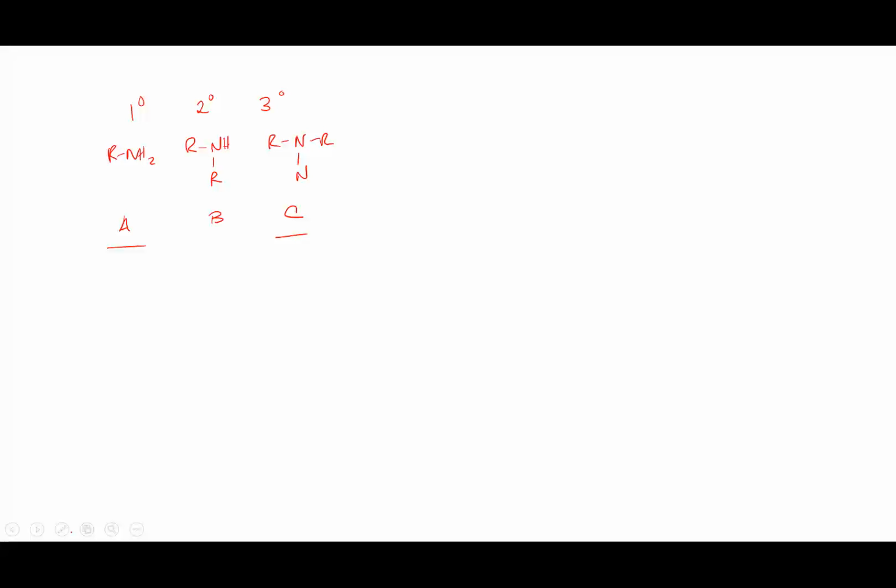And so the tertiary should be the most basic. However, the real trend is this. NH3 is the least basic, a primary is approximately the same as a tertiary, and it turns out the secondaries are the most basic.